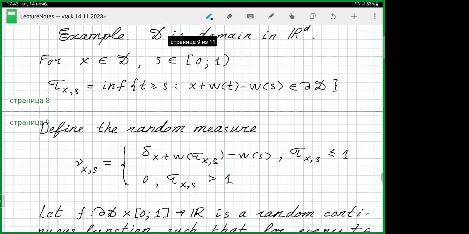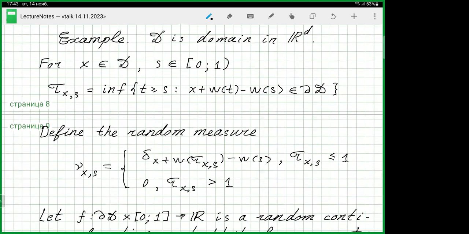It is concentrated on the boundary, and let me say that here must be another t x s, and all this is in the denominator.